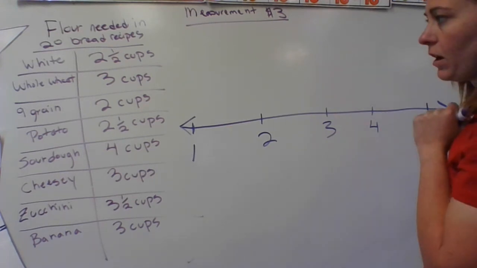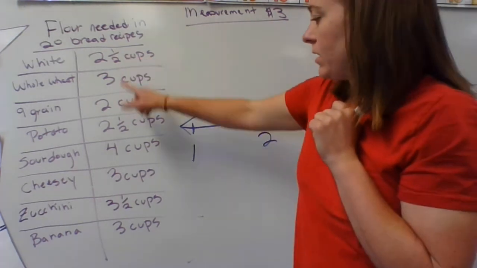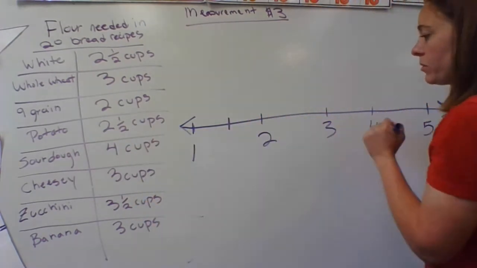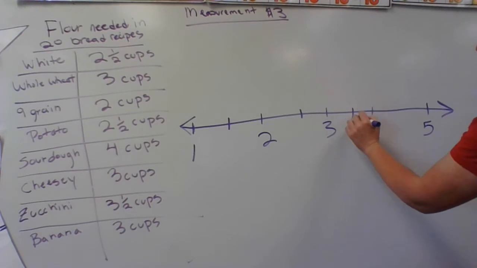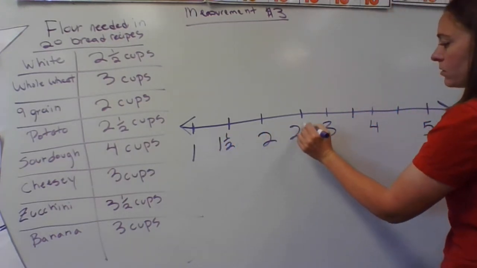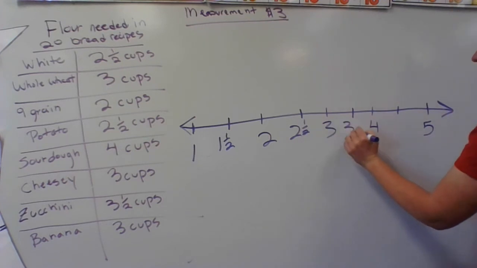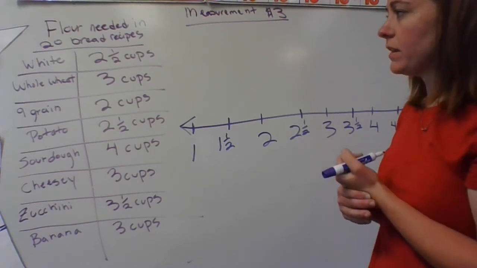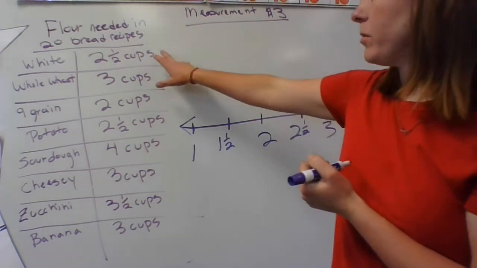And I also need to put in our halves because I have some halves here as well. So halfway between 1 and 2, half, half, half, and I'll write that in. 1.5, 2.5, 3.5, 4.5.